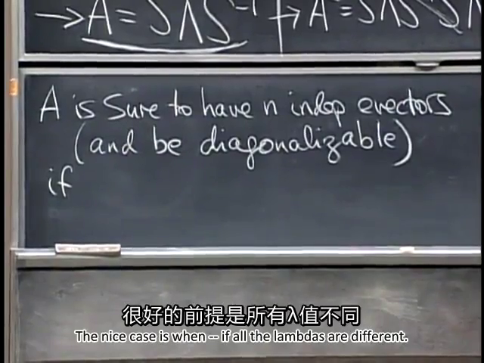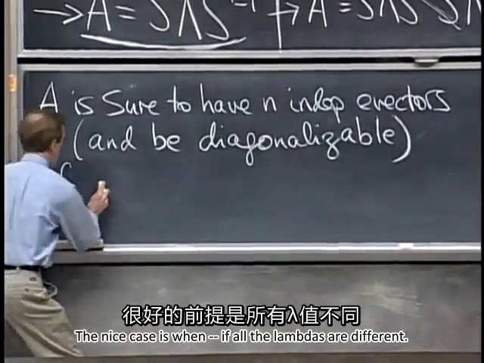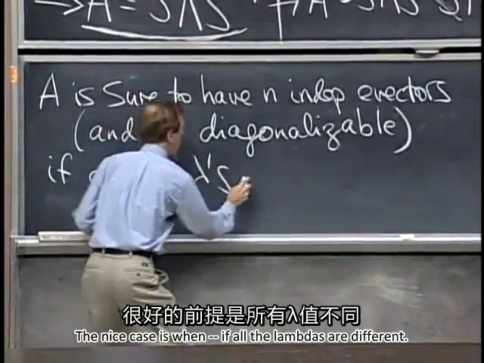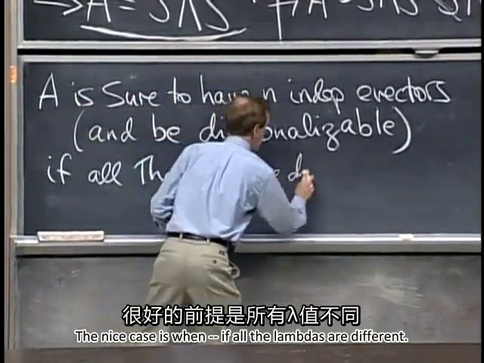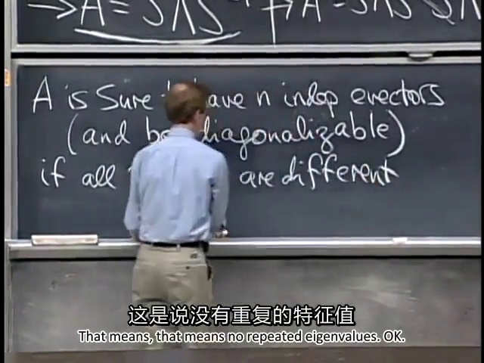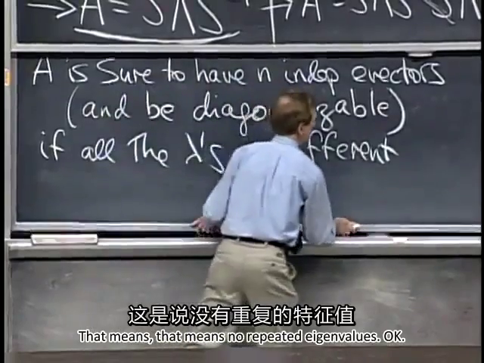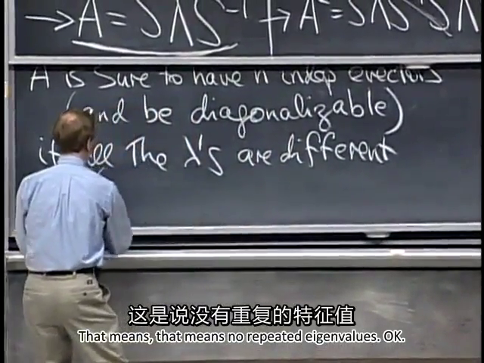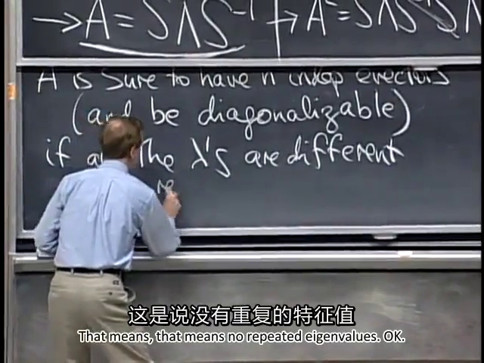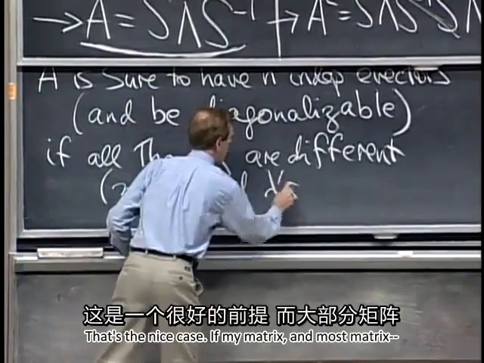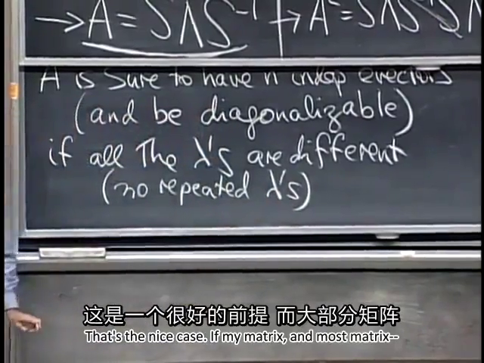The nice case is if all the lambdas are different. That means no repeated eigenvalues. Okay. That's the nice case.